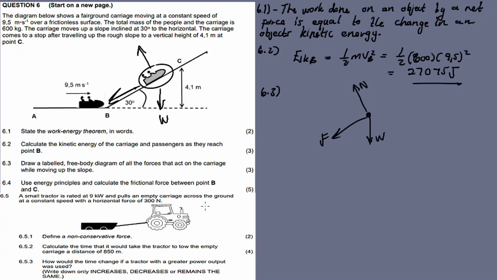There's the work done by non-conservative forces, which is the change in kinetic energy plus the change in potential energy. This is one of the formulas in work, energy and power. There's also the net work, which is equal to the change in kinetic energy. It's up to you to say which formula, this one or this one.